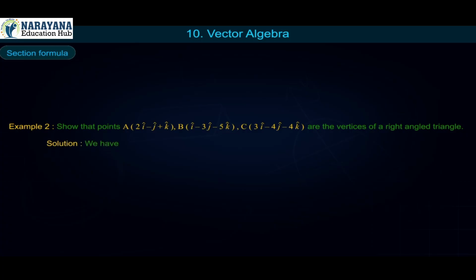Solution. We have vector OA = 2i cap − j cap + k cap, vector OB = i cap − 3j cap − 5k cap, and vector OC = 3i cap − 4j cap − 4k cap.